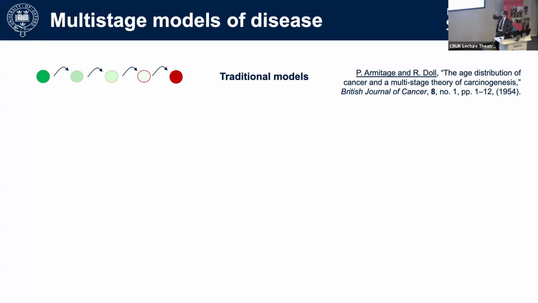And what the authors realized was that if each of these stages, be they, for example, mutations, were to occur at an approximately constant rate, then this would lead to a very particular distribution for your risk of disease as a function of age. And if you were to plot your data in an appropriate way, then you should see a nice straight line, and the slope of that line would tell you something about the number of these steps needed to trigger the cancer.